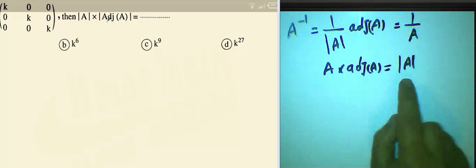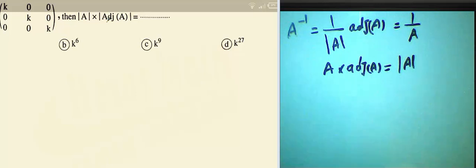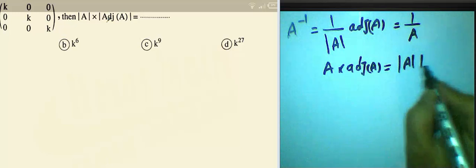If we do it, we get a number, but we must write I to get the matrix.